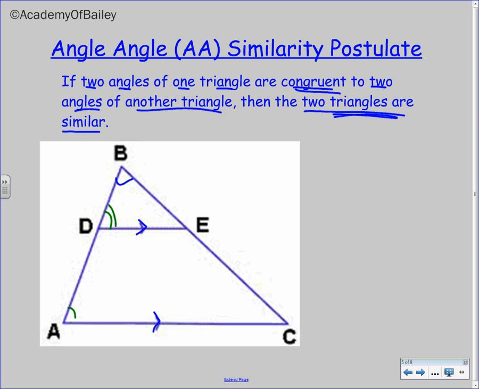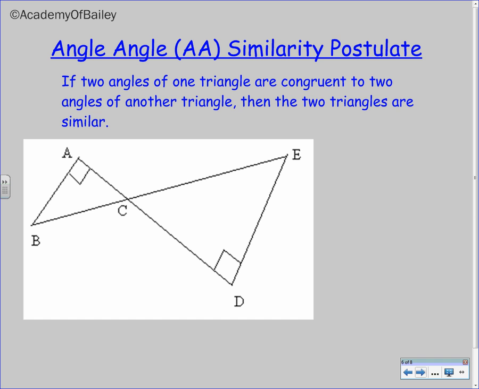Corresponding angles are congruent. So right there we have the angle-angle similarity postulate. Angle B in the small triangle is congruent to angle B in the large triangle. And then angle BDE in the small triangle is congruent to angle BAC in the large triangle. So therefore the two triangles are similar. And that's almost as good as the Yahtzee. Well, minus the 50 points.